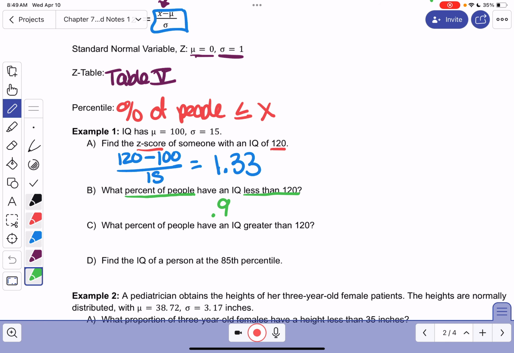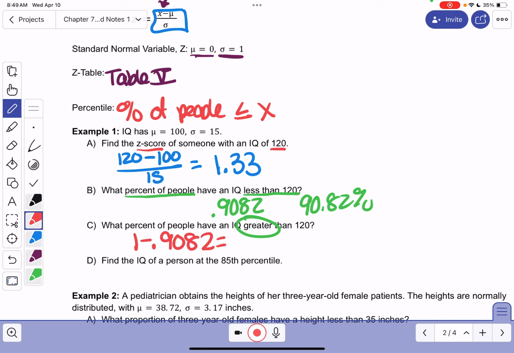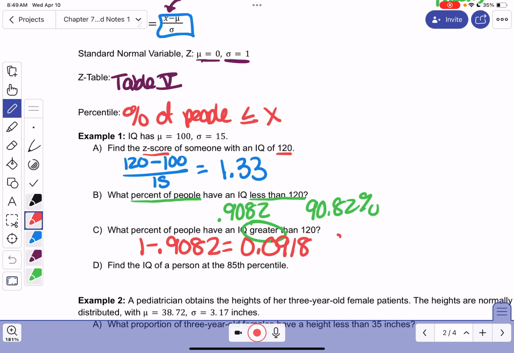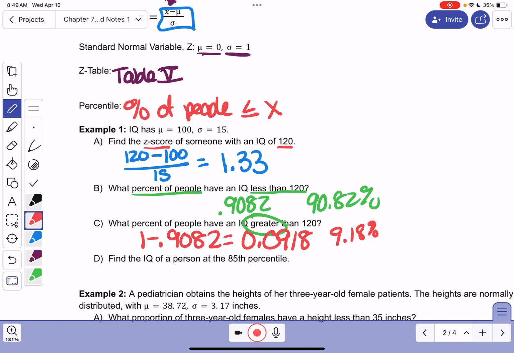So 0.9082, or 90.82%, of people have an IQ less than 120. Greater than 120, we just go one more step and we do 1 minus 0.9082, which gives us 0.0918 or 9.18%. So greater than, you just do 1 minus what you get.